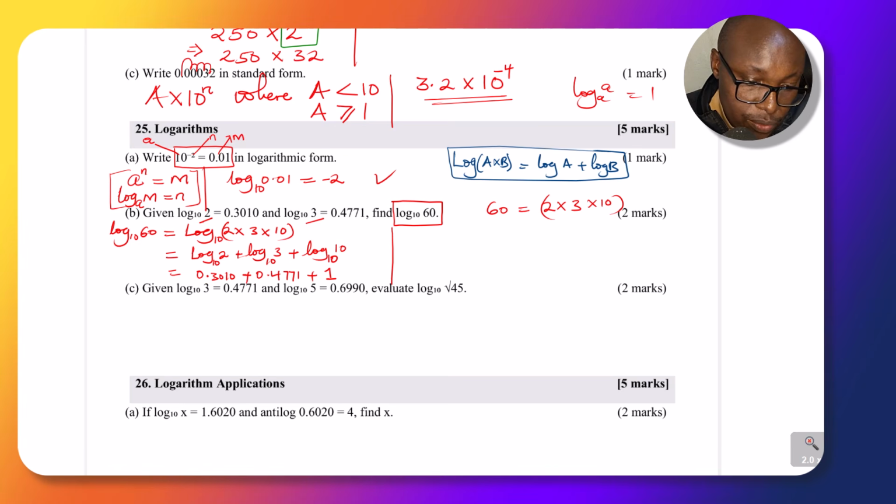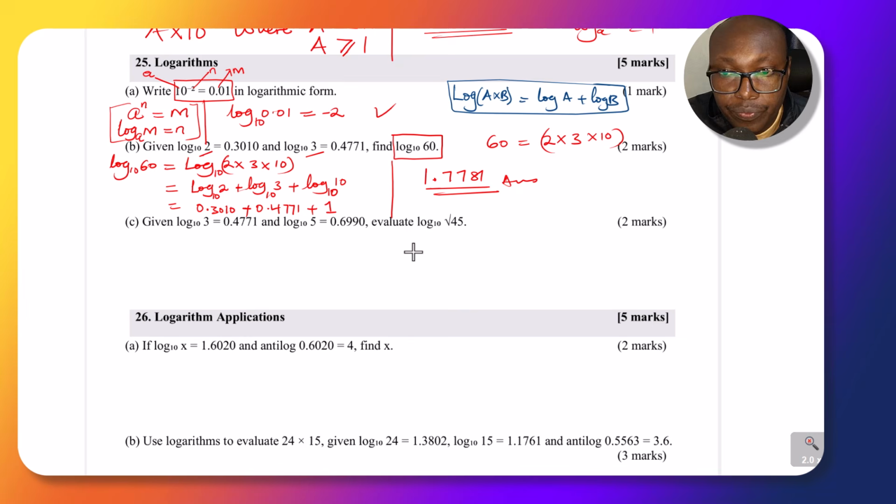I think I've made a mistake there. 0.3010 plus 0.4771 plus 1. This gives 1.7781 as the answer. We go to part C.